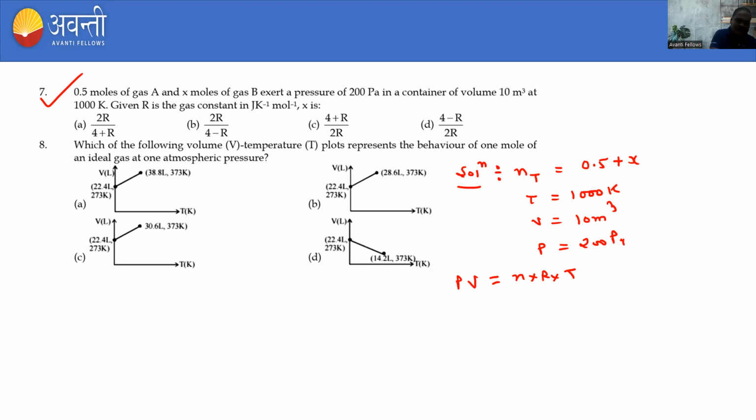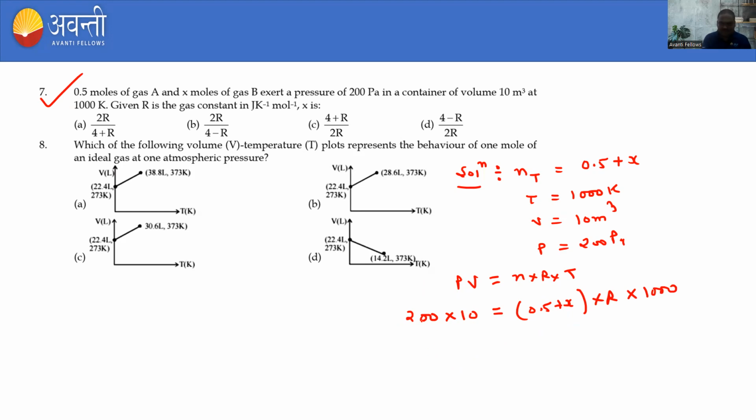Now just put in the values. The value of P is 200 and the volume V is 10. The total number of moles is 0.5 plus X. We know the value of R is R and T is 1000. So you just need to calculate the value of X. This is a very, very simple one.